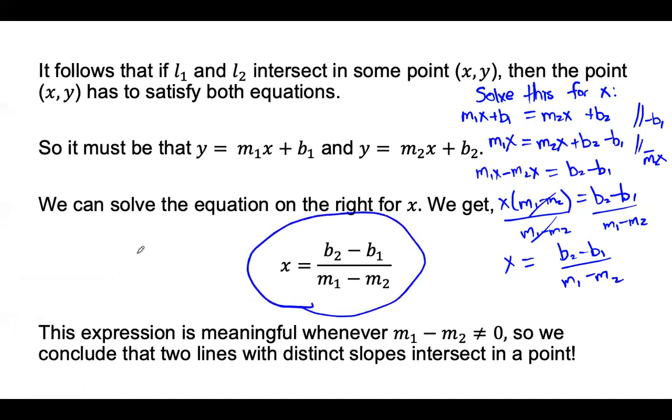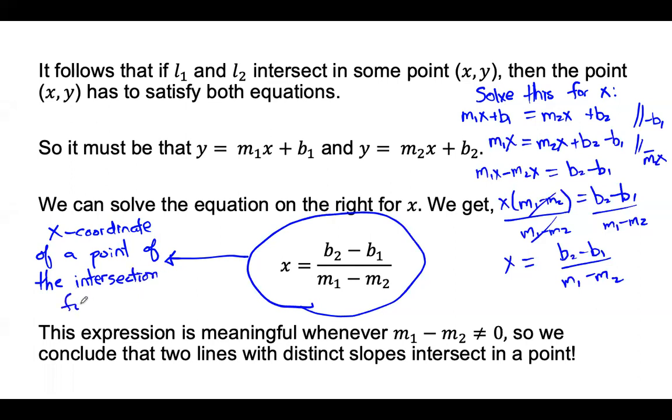So we can solve for x. And this is the x coordinate of a point, just the point x, of the intersection for those lines, L1 and L2.